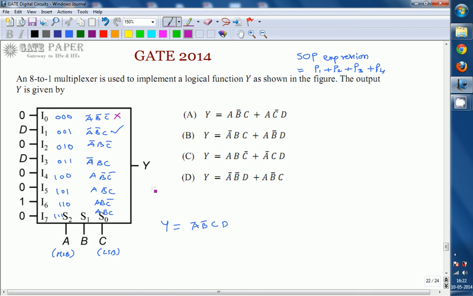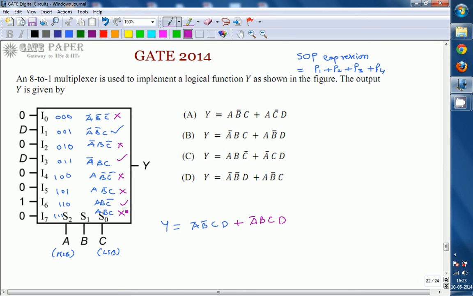Whatever is left over is this one. The second product is with respect to the I3 line. I3 is A bar B C, so you write A bar B C and D multiplied.